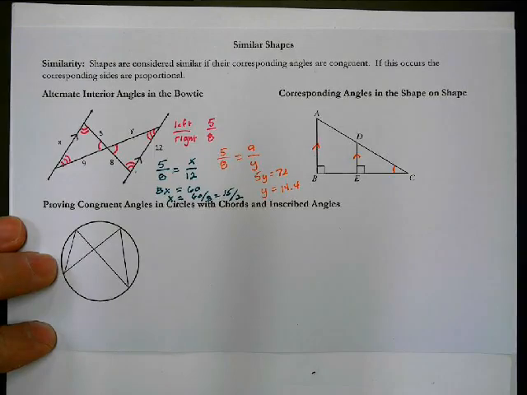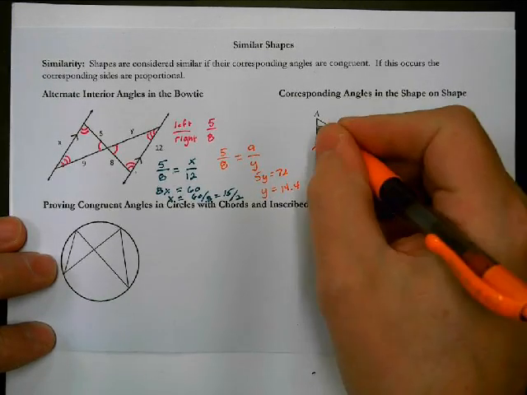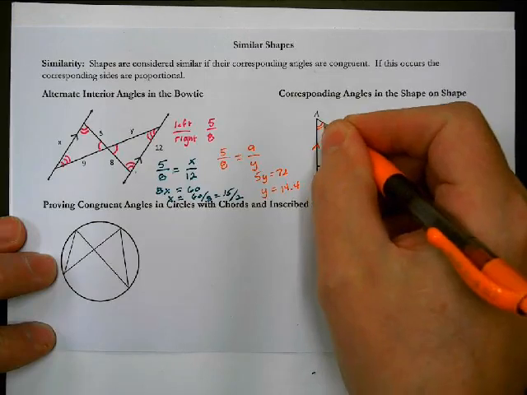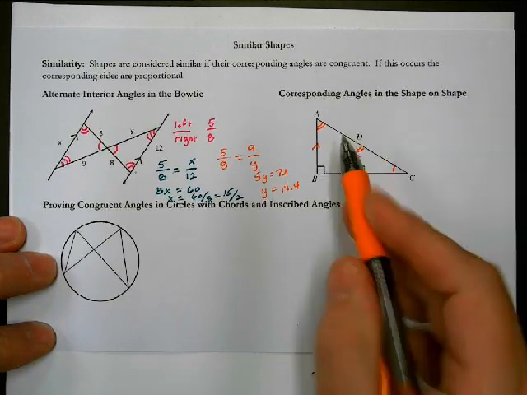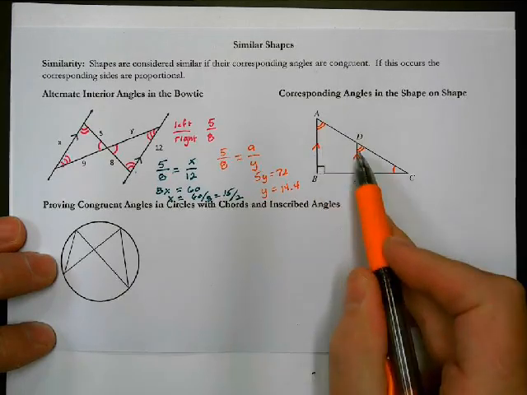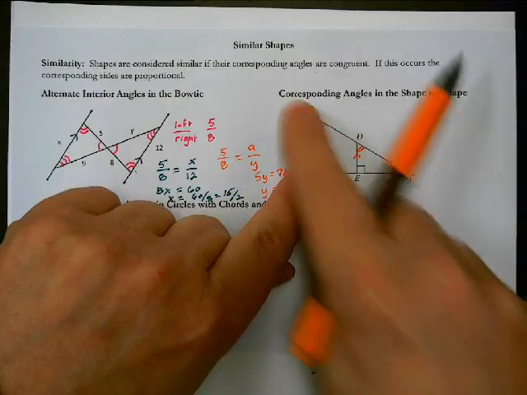So I'm trying to prove that these two shapes are similar to each other. So the next thing that I would say is, okay, I can now say that angle A is the same measurement as angle D, because these are what are called corresponding angles. Corresponding angles is when you have two parallel lines with a transversal.